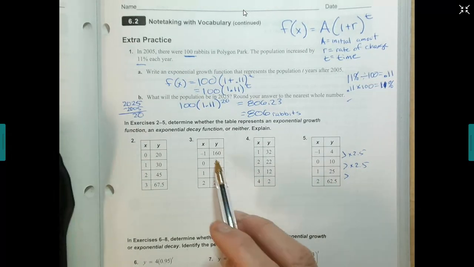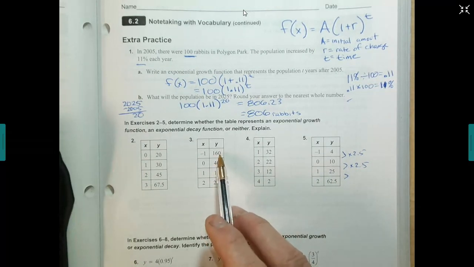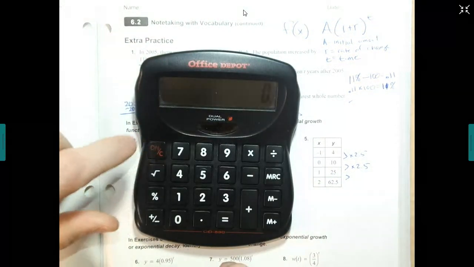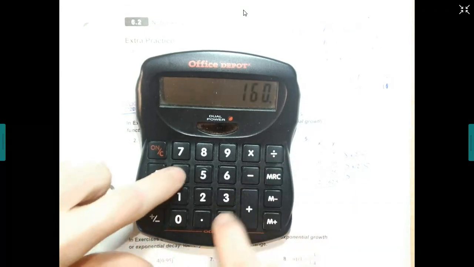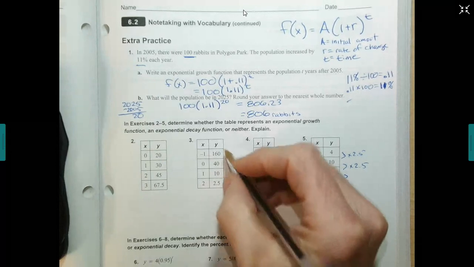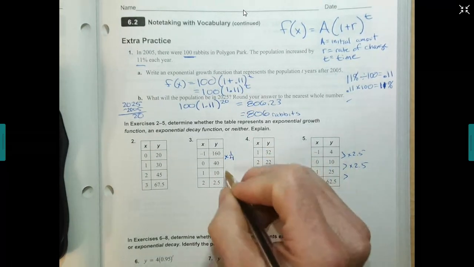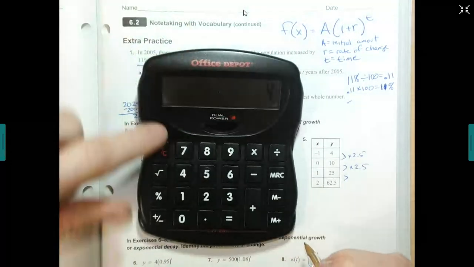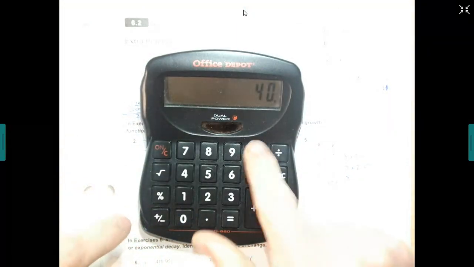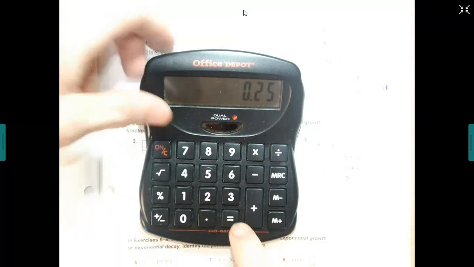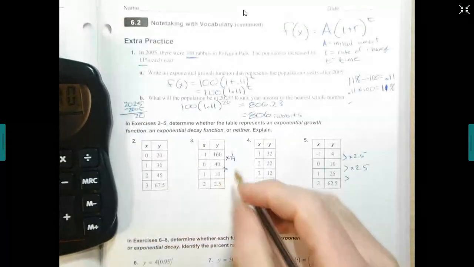So what I'm going to do is look at how I get from 160 to 40. So 160 divided by 40 is 4. So if I multiply this by 1/4, I get 40. Let's check 40 times 1/4. 1/4 is 0.25. Oh look, there it is.